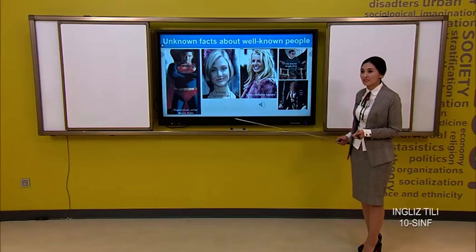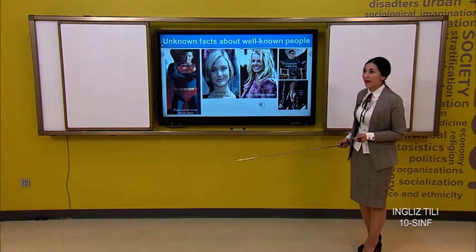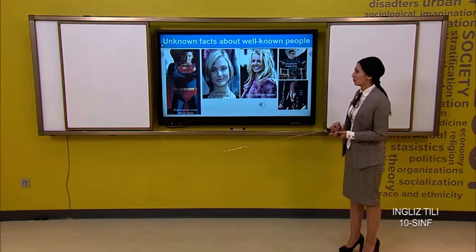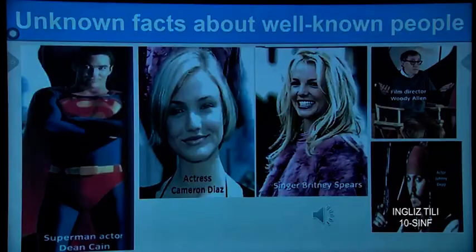Present simple sentences. She loves dolls. And how many dolls she has got? About 100. And Superman, the actor who plays a role Superman, in real life, he never flies in plane. And what about Woody Allen? He hates children, spiders, and crowd. What about Johnny Depp?